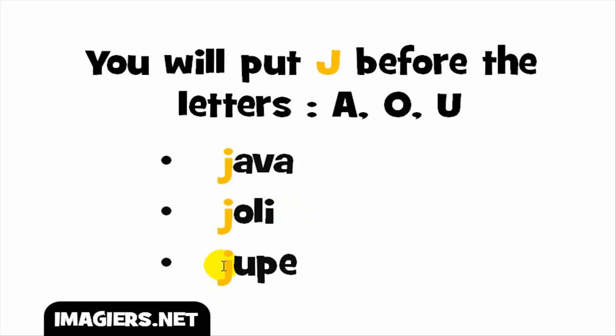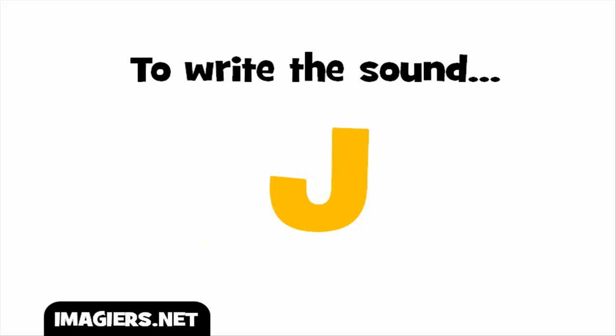And the last one, J and U, you will get the sound ju, okay, and the full word goes like jupe, jupe, okay. So remember, you don't really insist on the final jupe, okay. So let's read them one more time. Java, joli, jupe, okay.